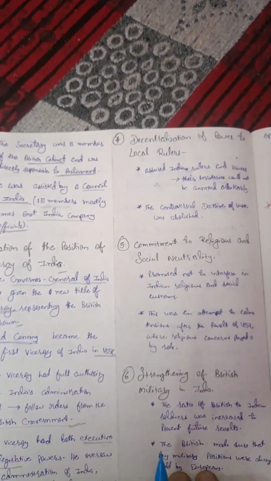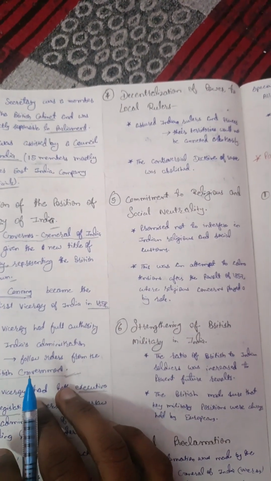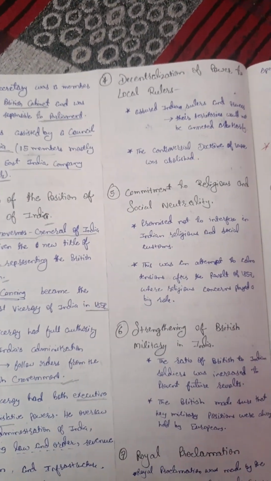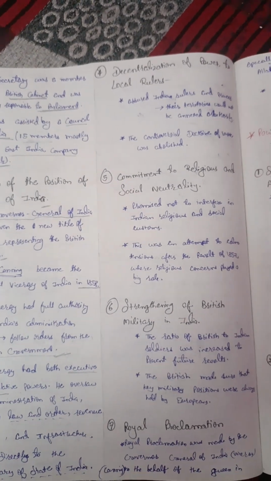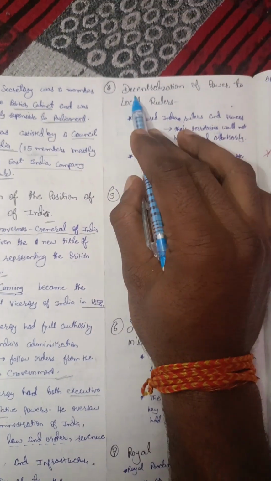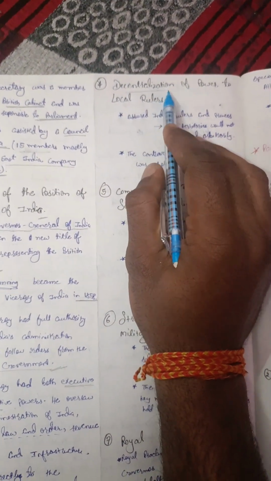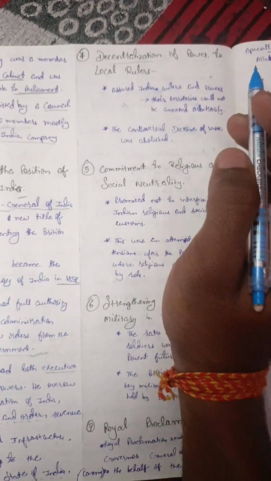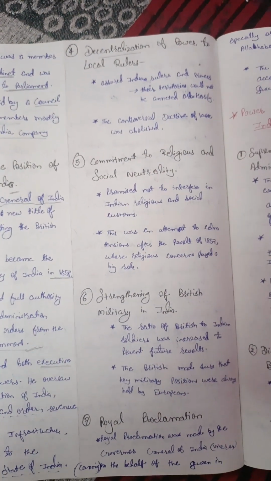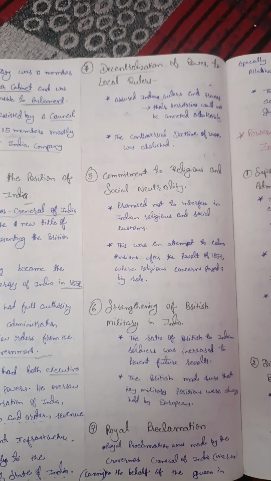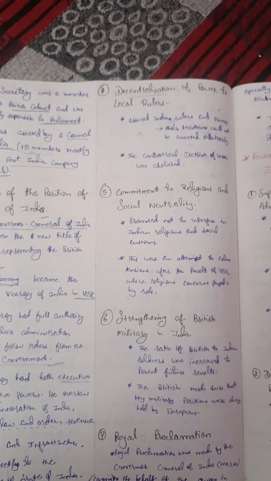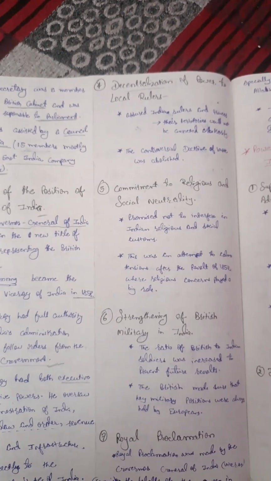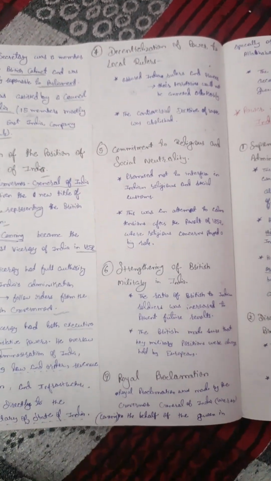And the fourth provision of this act is the decentralization of power to local rulers. This was one of the major things which helped the British for the next 50 to 60 years to maintain order and silence in the Indian territory, the Indian colony.